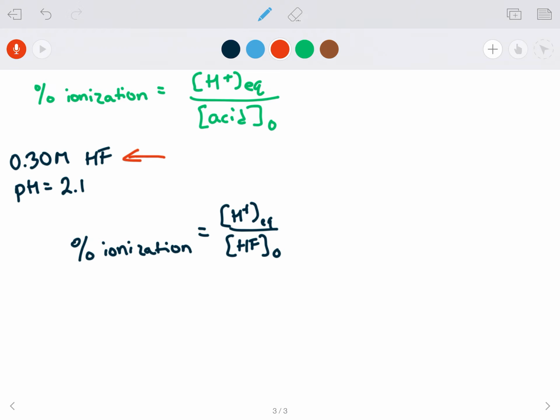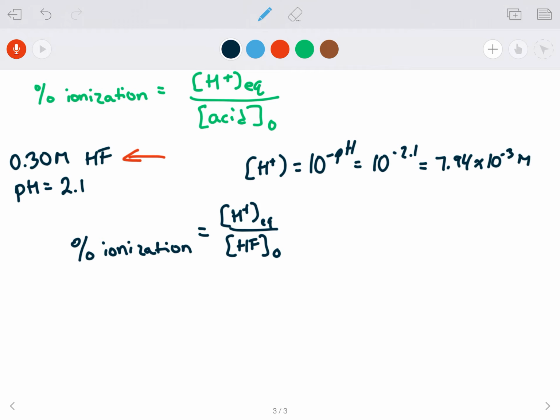Right, this is my initial concentration of HF. Then to calculate the concentration of H plus, it's going to be 10 to the negative pH, right? So 10 to the negative 2.1, which gives me 7.94 times 10 to the minus third.